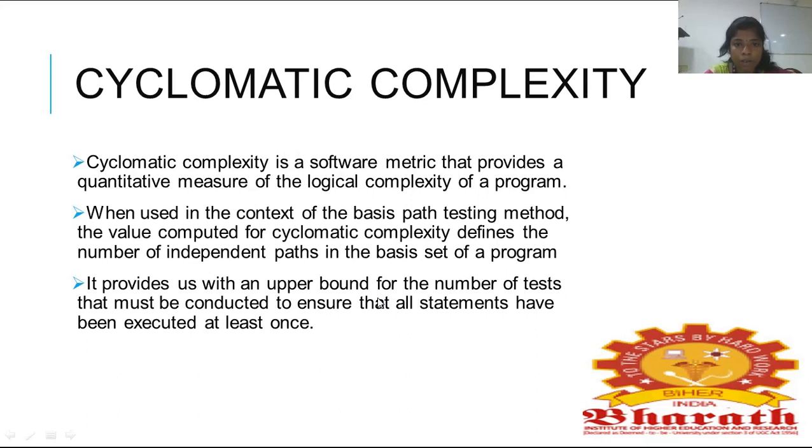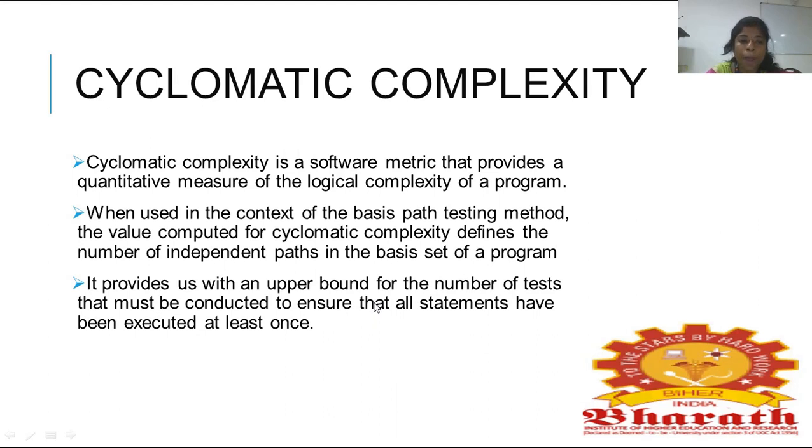When used in the context of the basis path testing method, the value computed for cyclomatic complexity defines the number of independent paths in the basis set of a program. Cyclomatic complexity defines how many independent paths there are in one particular program.